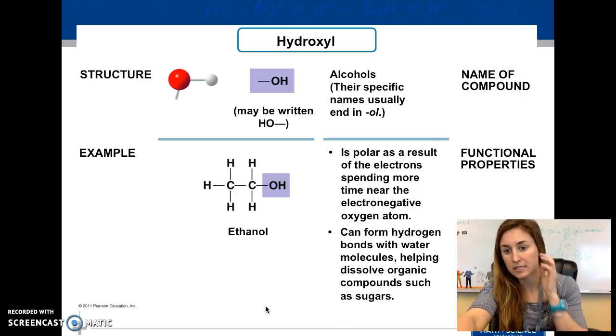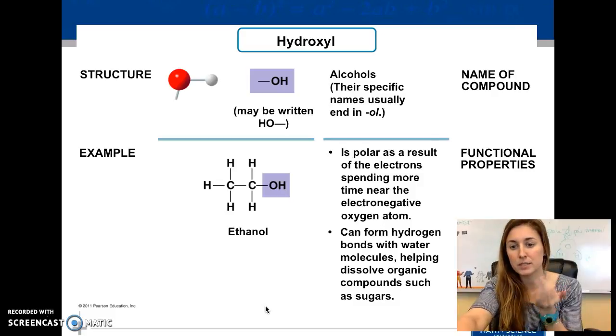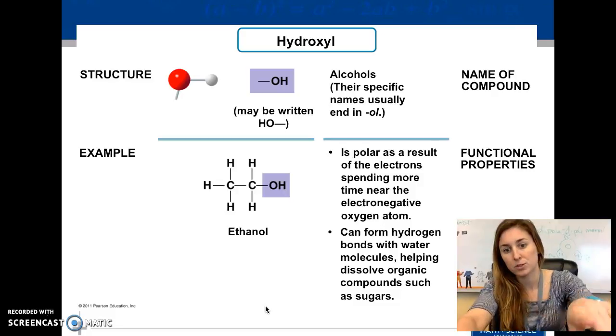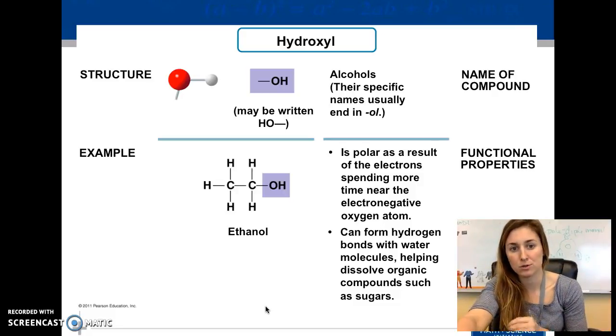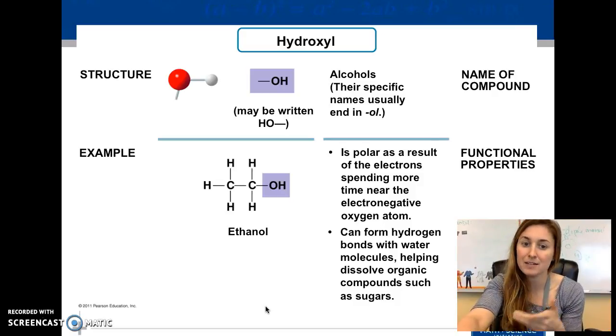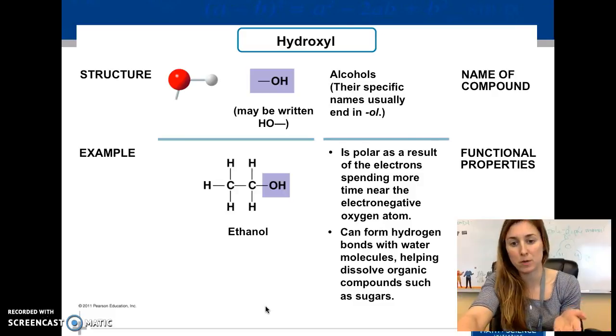So these are tons of examples of functional groups. You don't need to know these. It's just showing that there are all these different ones. For example, on a chain of carbons, an OH functional group is called a hydroxyl group. It can bond with water. It is polar because it's got an oxygen and a hydrogen. It gives it special properties.